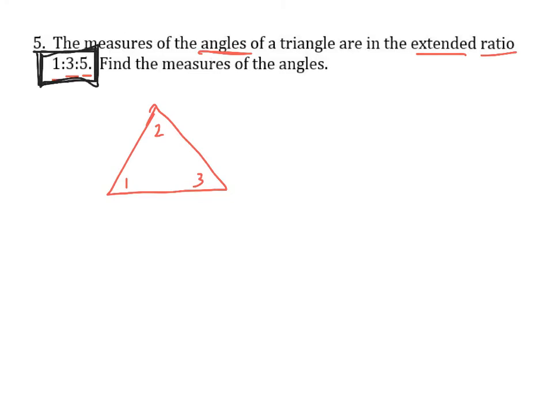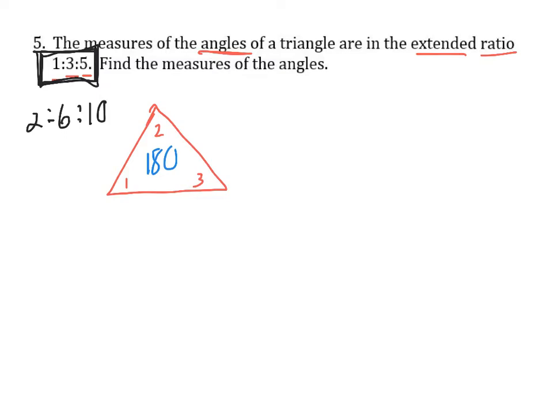So let's say, for example, maybe my angle measures are 2, 6, and 10. So in this case, I've just doubled all of them. Well, the thing is, I know the angle measures in a triangle have to add up to 180.